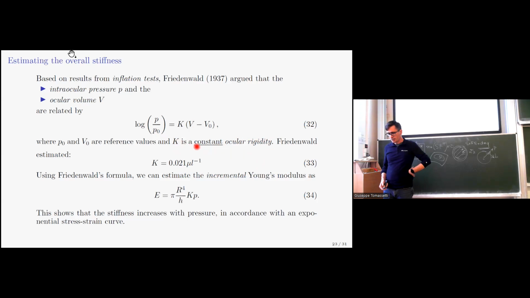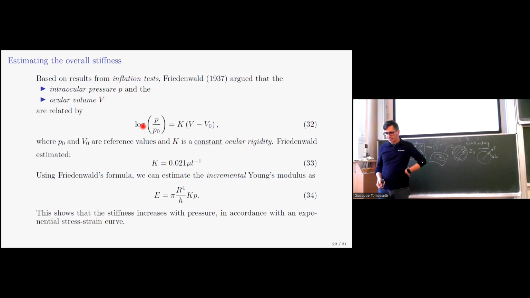To define and to measure ocular rigidity, he made experiments where he was taking samples of the eye, ex vivo, of course, and he would pressurize the eyes, and he would measure the volume contained in the eye. This can be done quite easily.